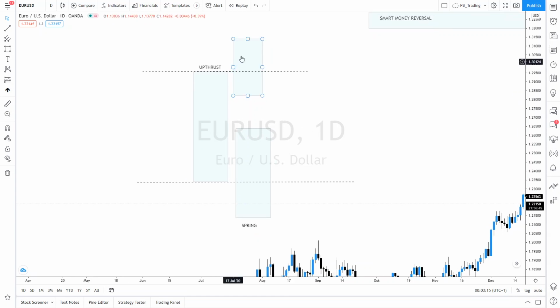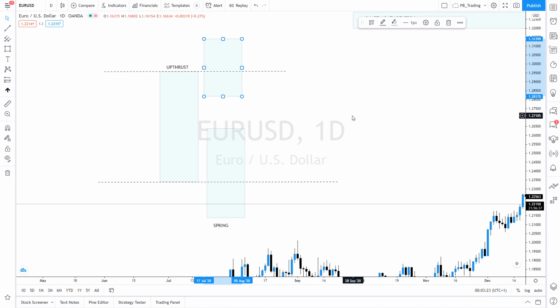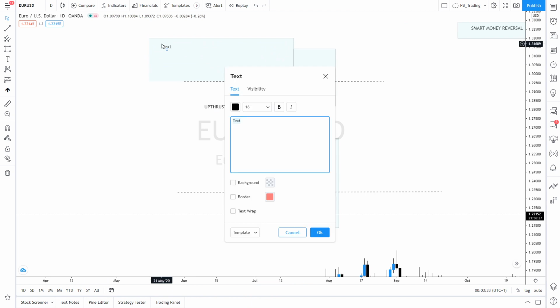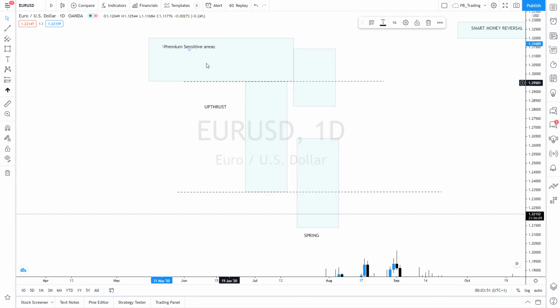Now, how do we make good use of it? Anytime price breaks our daily highs, as in this instance here, we look for premium sensitive areas, or what some people call premium PD arrays, above the highs of the daily range.